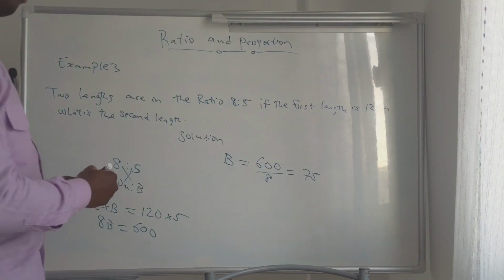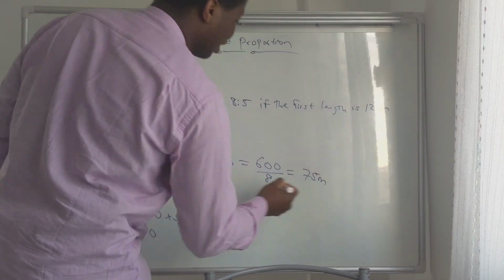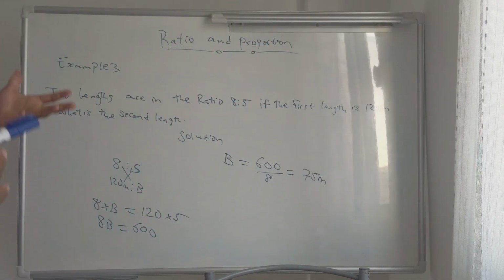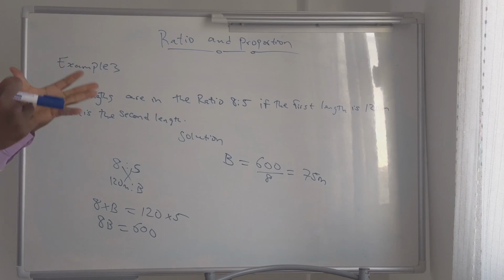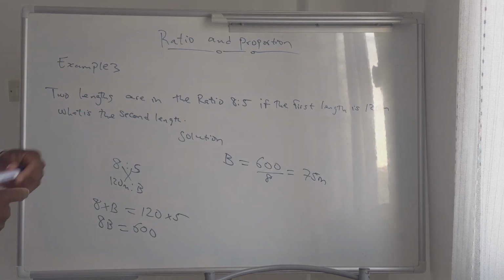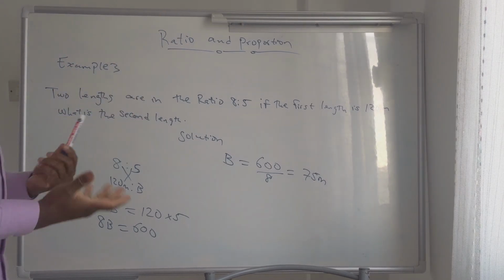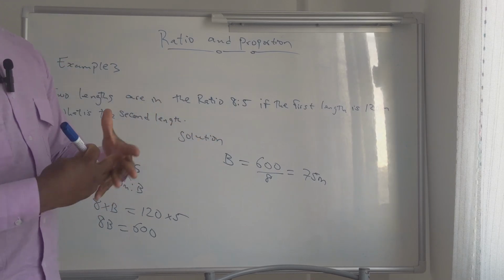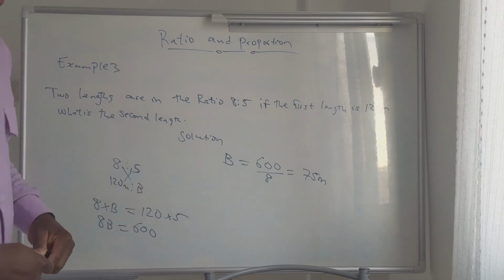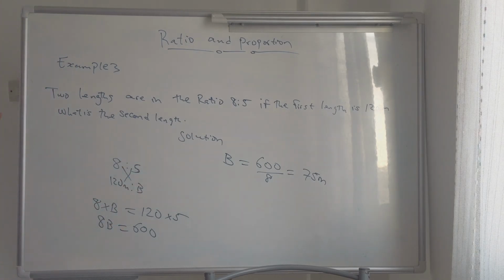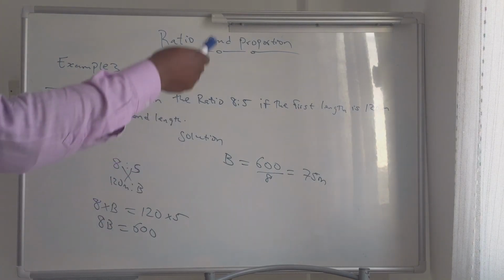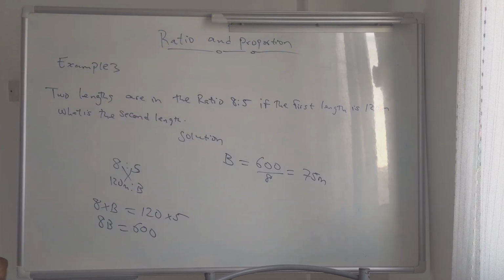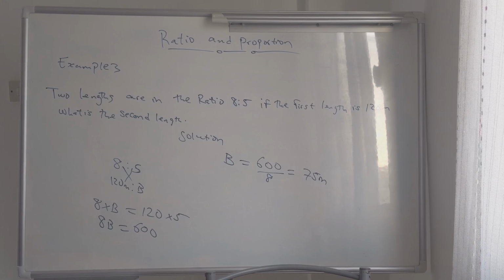We need to be very careful about the unit because the unit matters a lot in mathematics. Sometimes, if you omit the unit, you may end up getting the answer wrong because it changes the interpretation of what you're trying to solve. This is meters because the length is given as 120 meters. So by the time you solve this, you will get 75 meters.